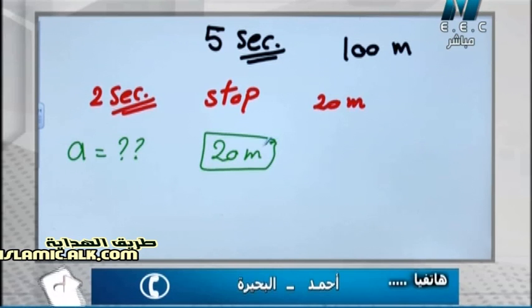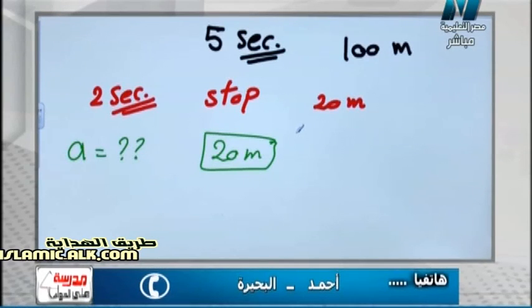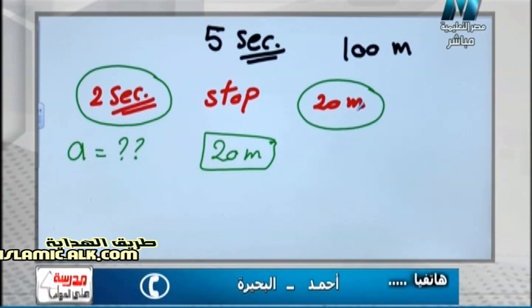Okay, so we need to calculate the acceleration here. Ahmed told us the car takes 5 seconds to cover 100 meters. Then the driver uses the brakes to stop the car, taking 2 seconds to stop after 20 meters.